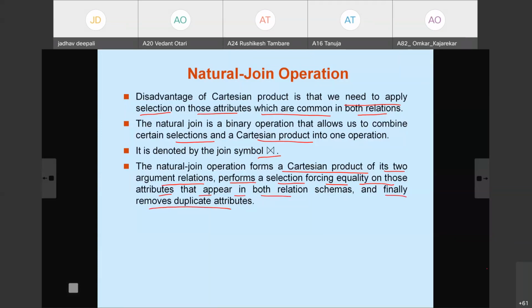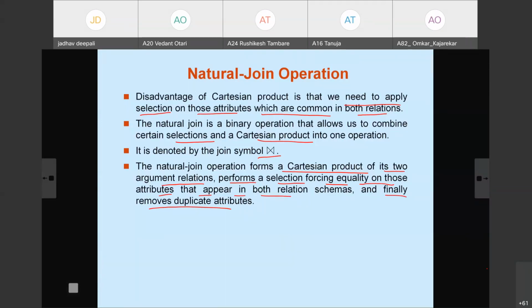That is important in natural join. In a Cartesian product, if there are instructor.id and teachers.id, both appear in the result even though they are the same attribute. But in natural join, it appears only once, because it removes the duplicate attributes.